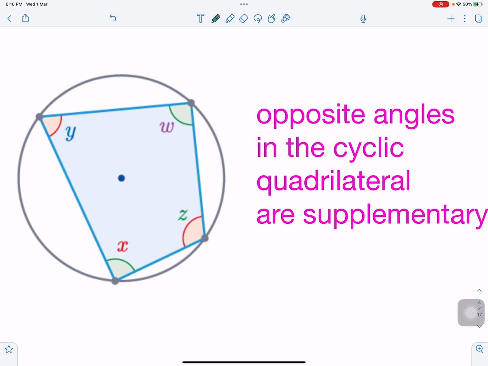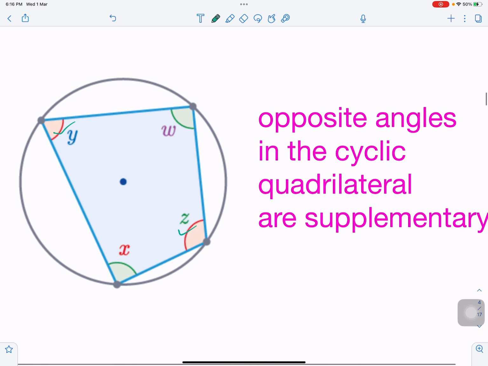Now the last property: opposite angles in a cyclic quadrilateral are supplementary. If a quadrilateral is cyclic, then opposite angles will be supplementary. And one more property, all 4 points of the quadrilateral will be on the circumference of the circle.